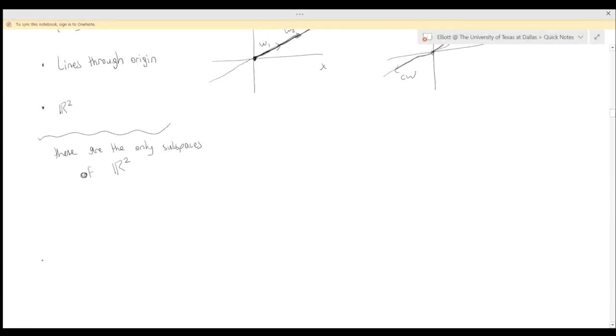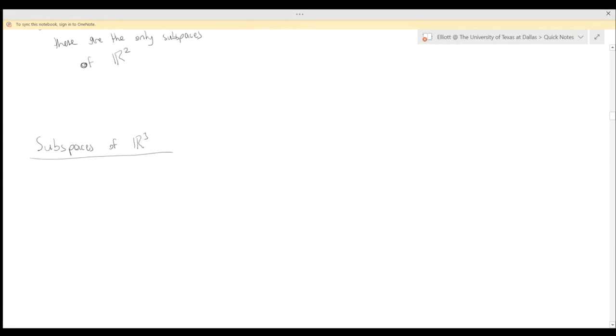Now you can do something similar for R3. So I'm just going to quickly mention that one. Again, the origin by itself is going to be a subspace, as well as R3 itself. Any line through the origin will also be a subspace of R3.